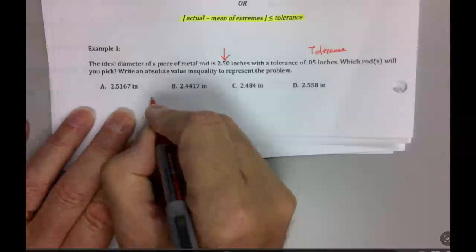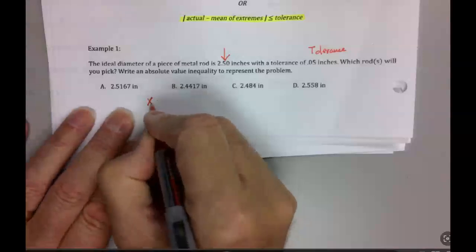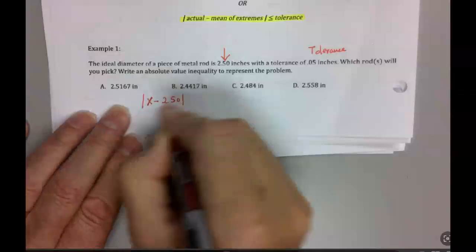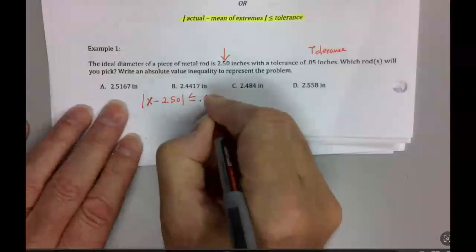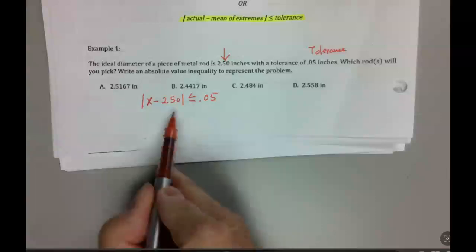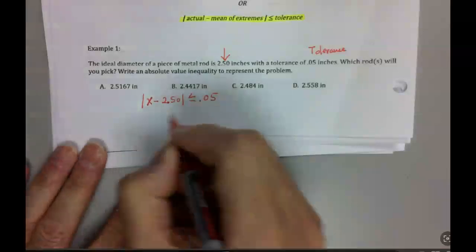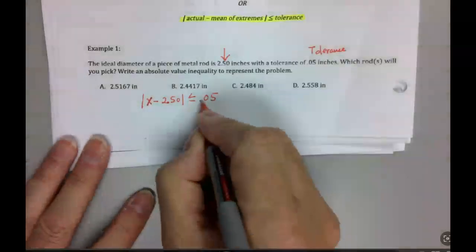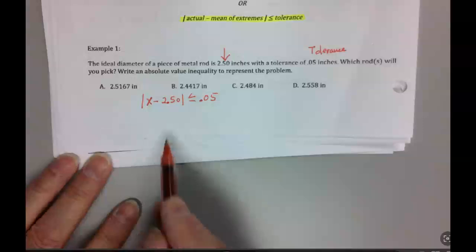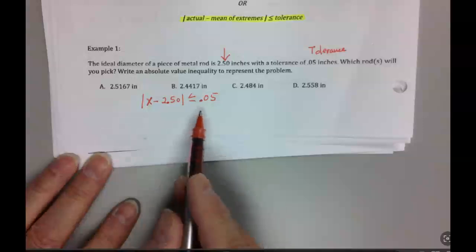Your equation is going to be x minus what you hope it is, absolute value, is less than or equal to the tolerance. Does that make sense? There's what you hope it is, or actual is, and that's your tolerance. Okay? This is an AND problem, yes or no?